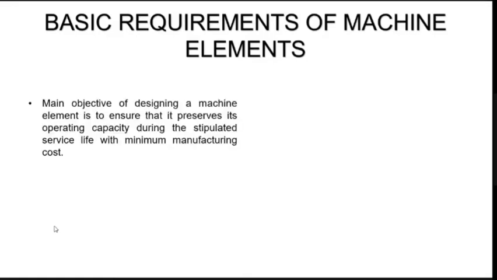So what is the first thing which should come into your mind? The main objective. The main objective of designing a machine element is to ensure that it preserves its operating capacity during the stipulated service life with minimum manufacturing cost.